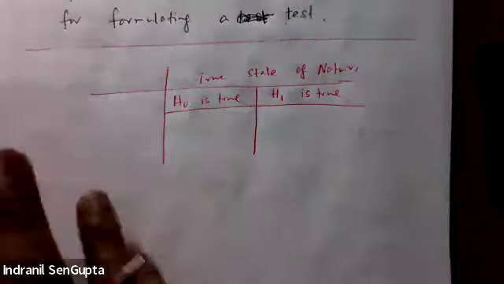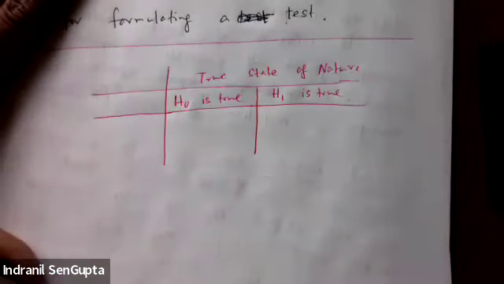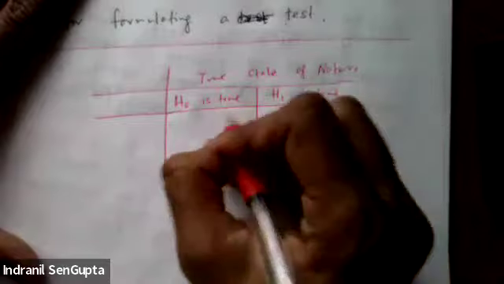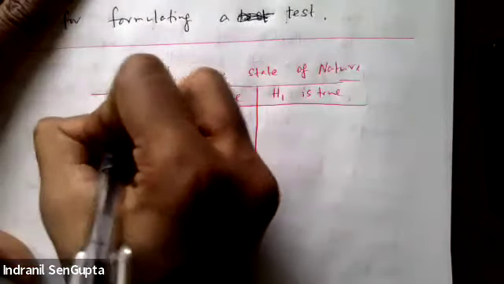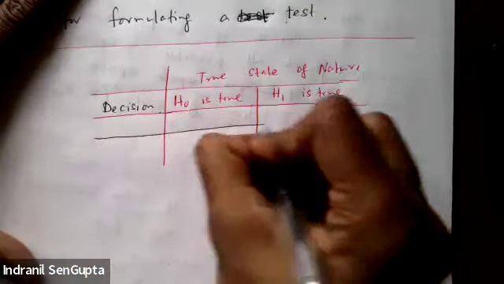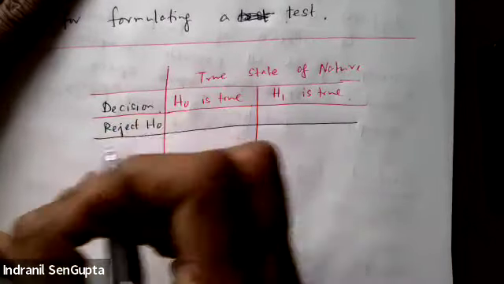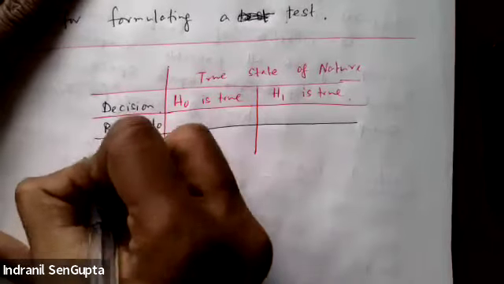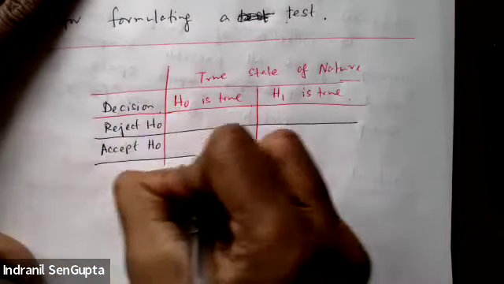Again, it may be very abstract, but we'll make it concrete very soon. And what is our decision? Here is the decision after we perform some statistical test: we reject H0 or accept H0. These are the two possibilities, right?